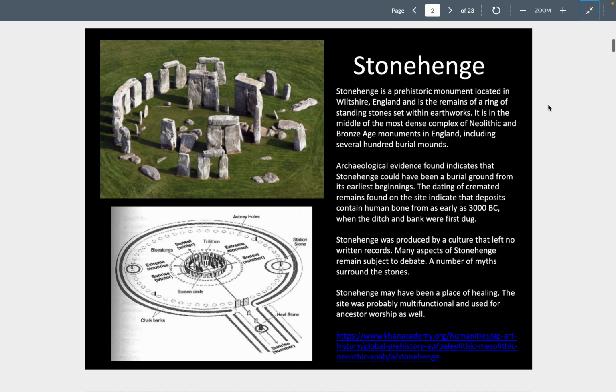Evidence of the Neolithic Age also shows us permanent religious sites, like Stonehenge. In Stonehenge, we know that it's probably at least 5,000 years old.